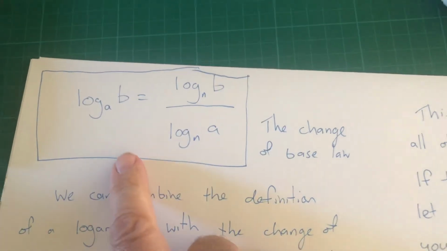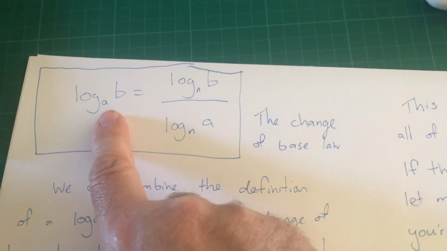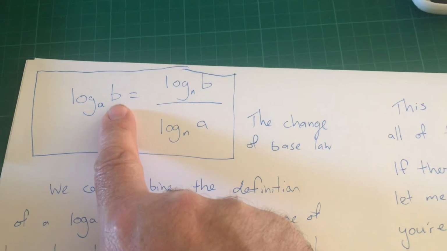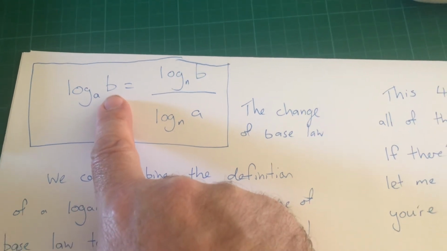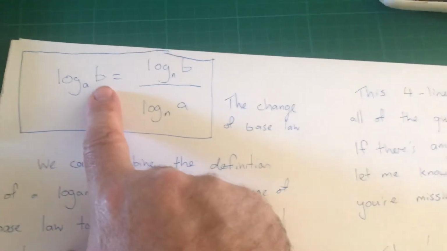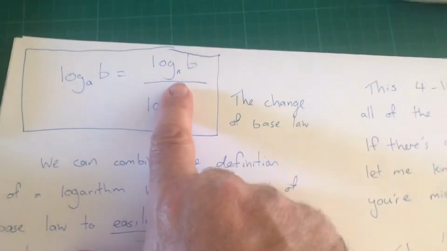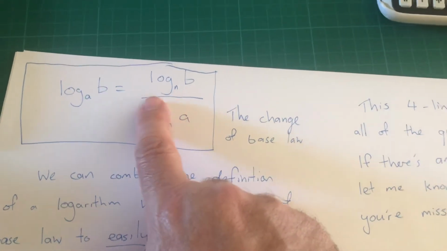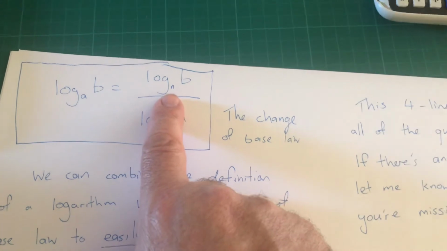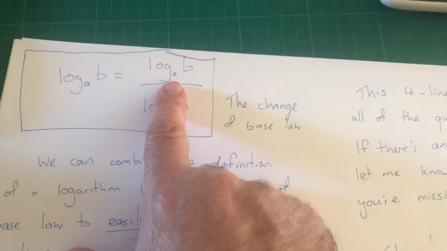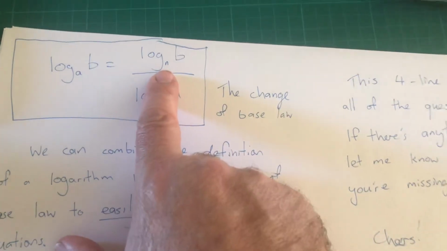So the change of base law says that if I've got log base a of b, I can change to whatever base I want. I can go to any base I like. So I'm going to go to base n, and n could be any number. We're going to use base 10, because base 10 is what our calculator does.